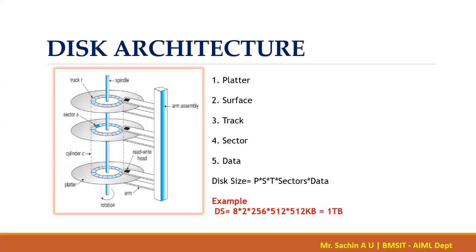Going through the disk architecture, let us try to imagine this hard disk. It is a collection of disks. As you are aware, the storage of data will be in the form of some structure.